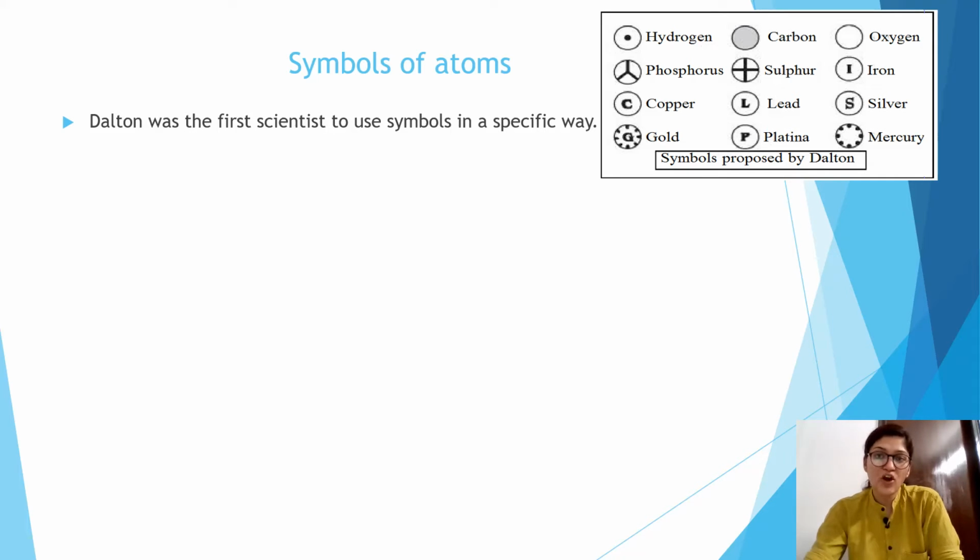For the symbol of hydrogen, he put a sphere and inside that a dot. Phosphorus in this way. Copper, just write a sphere and write the C. Gold, you can see just a dot around, and in between that a capital G. So this is not the simplest way to learn the symbols.